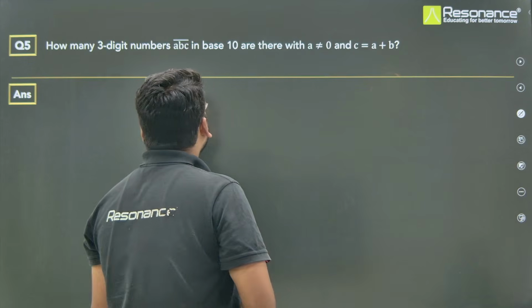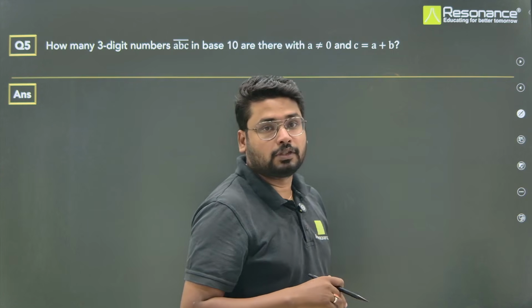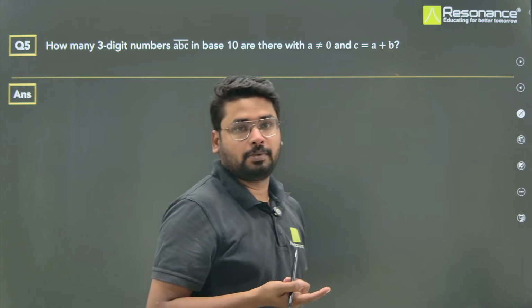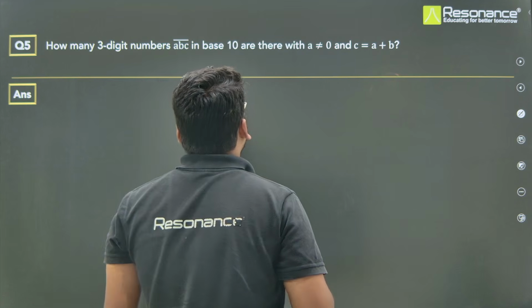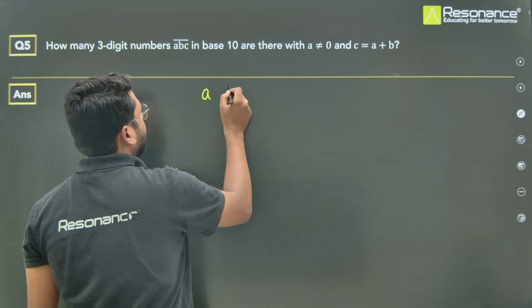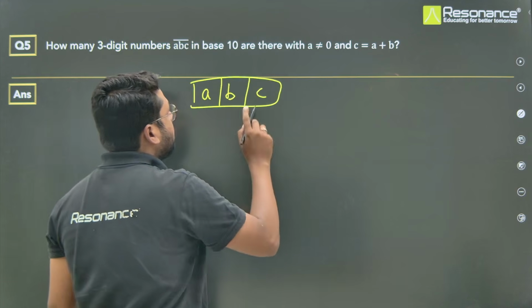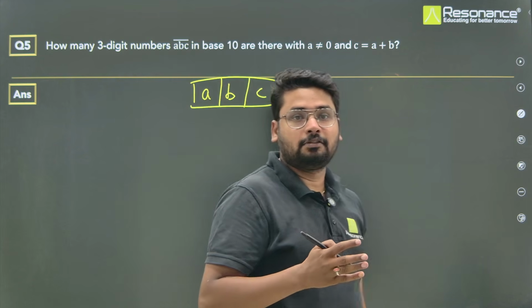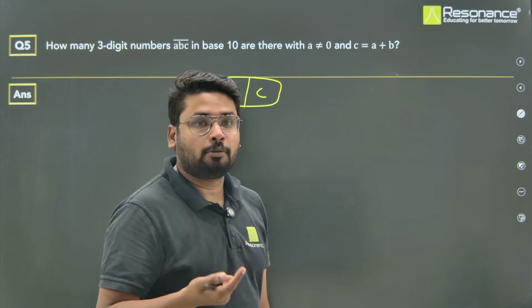How many 3-digit numbers ABC in base 10 are there with A not equal to 0 and C equal to A plus B? Okay, so if you see ABC, because this is a 3-digit number, each digit will be from 0 to 9, but the condition on A is that A cannot be equal to 0.